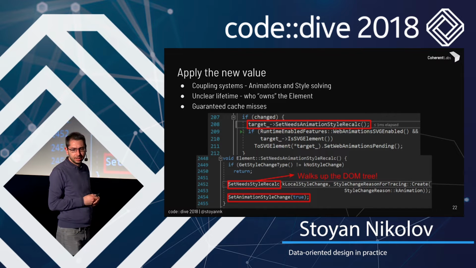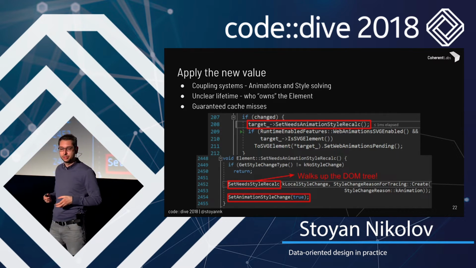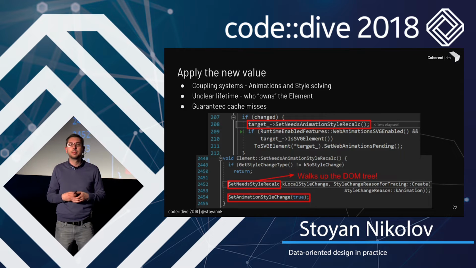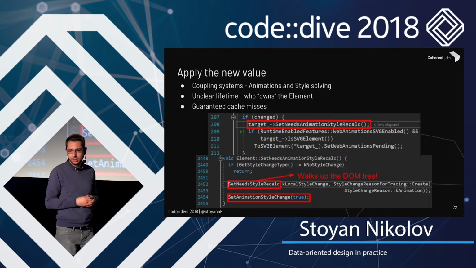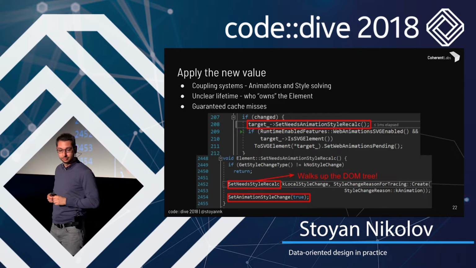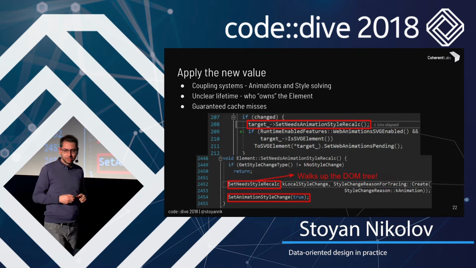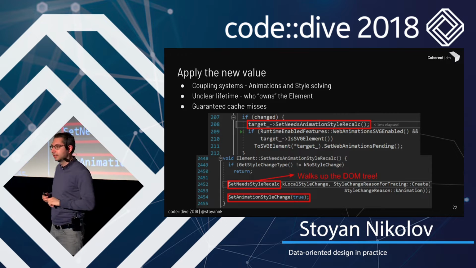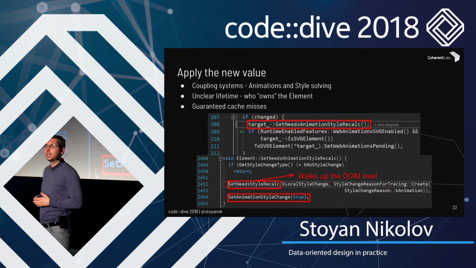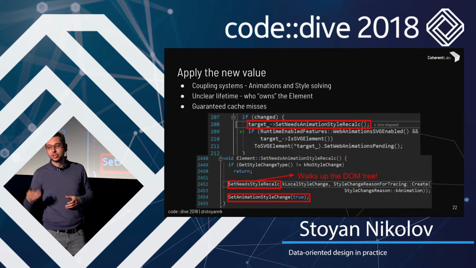Next up, we have calculated this new value, and we want to apply this new value to the elements that are changing. So they have a member called target, and this is the element that will be animating. It has a method called setNeedsAnimationStyleRecalc.